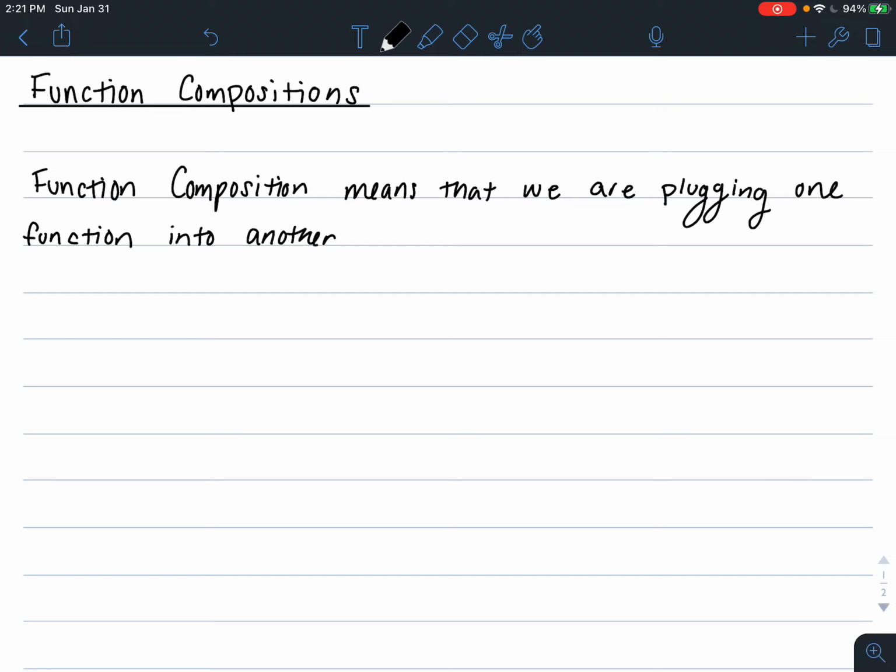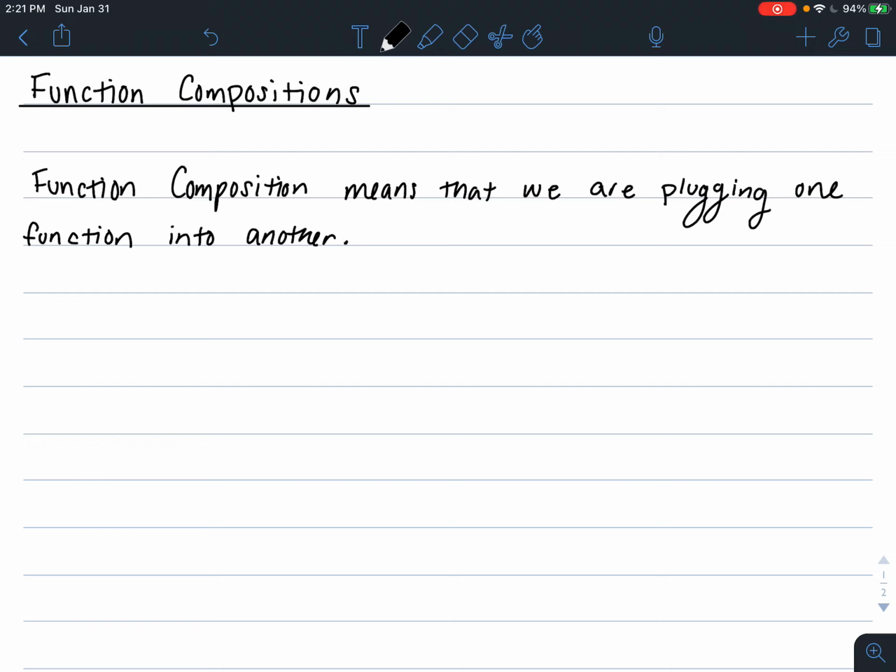If we think of what the word composition means, you might think of a composition as a piece of writing in English class, a piece of writing made up of, or composed with, lots of words. But composition often just means what something is made up of. So function composition is just two functions that you're putting into each other.